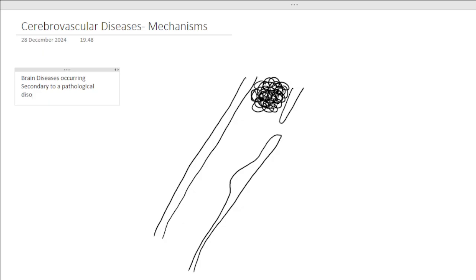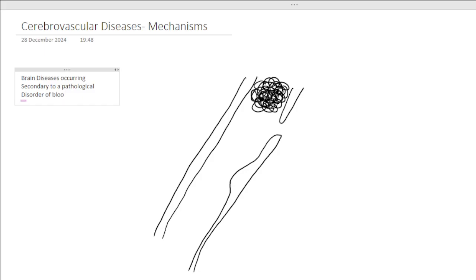So it is basically secondary to a pathological disorder of blood vessels.